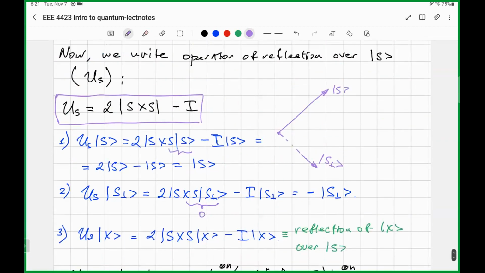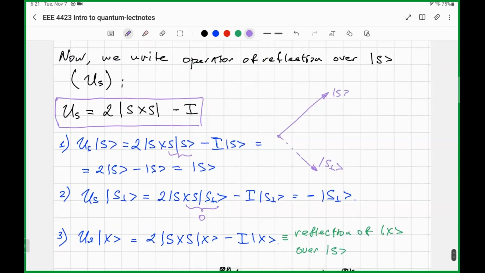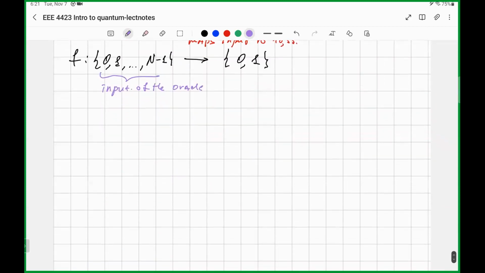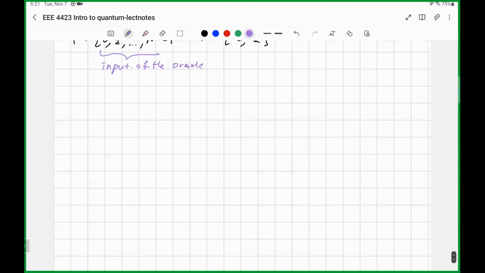Let me repeat, or actually let's write this down like the following. So the algorithm. Suppose you have a database, maybe some classic database.